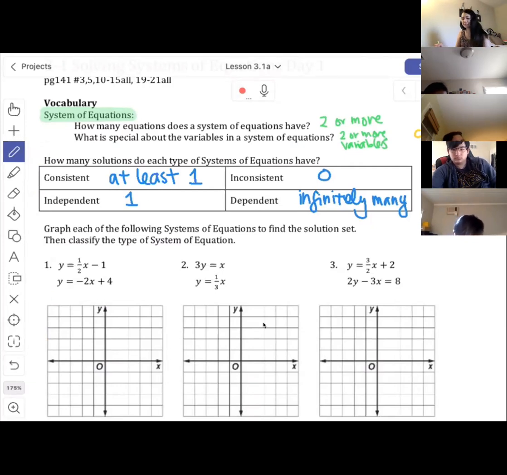And the last type is if you have parallel lines and they do not intersect. Then this is just considered inconsistent.